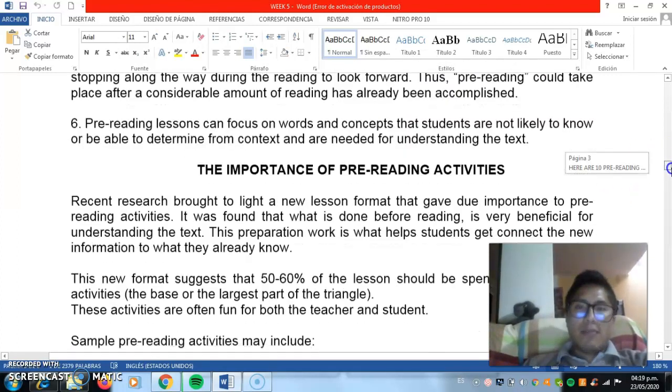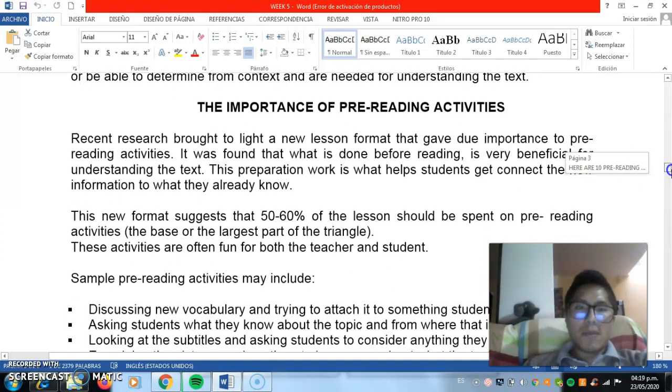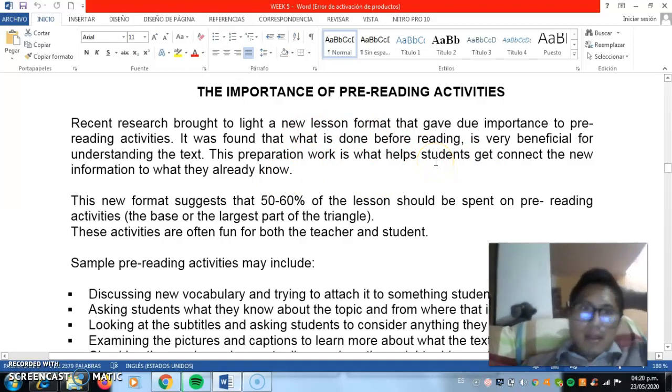Excellent. The importance of pre-reading activities. Recent research brought to light a new lesson format that gave due importance to pre-reading activities. It was found that what is done before reading is very beneficial for understanding the test. Test preparation work is what helps students connect the new information to what they already know.